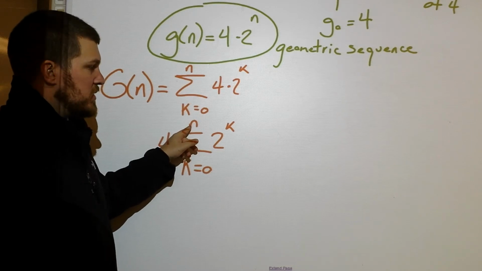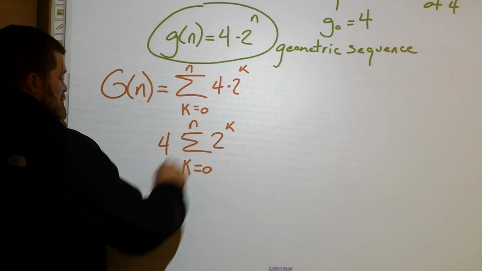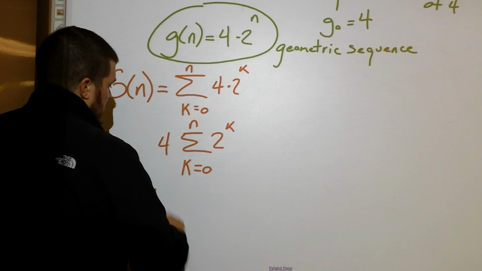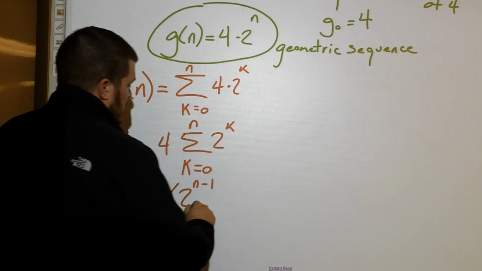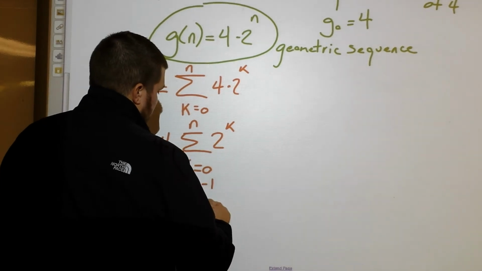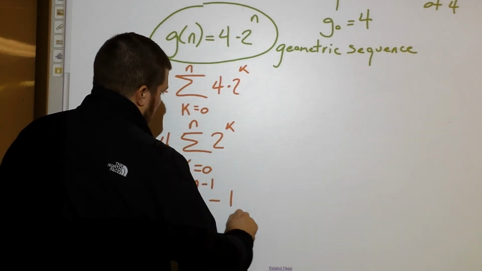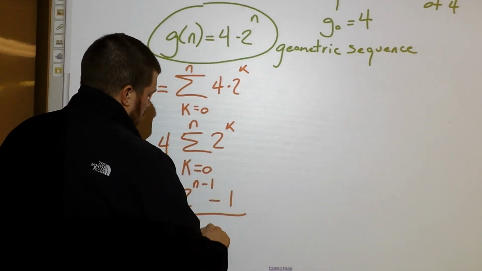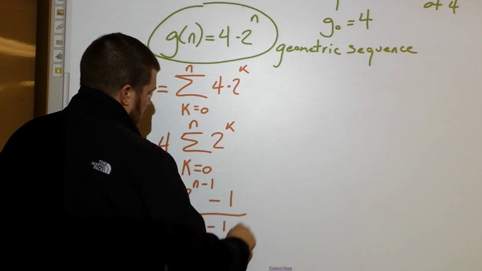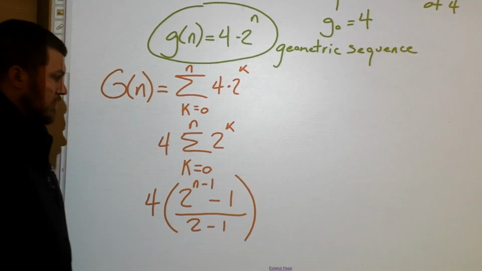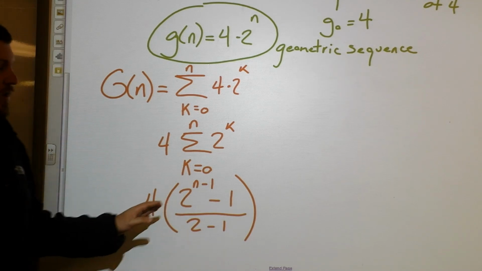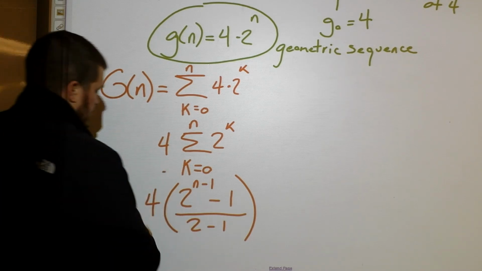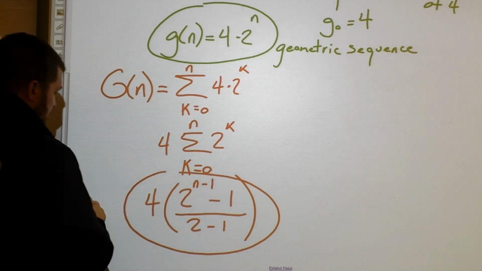Here we have an n on top. So this sum is going to become, the coefficient of 4 just comes down, 2 to the n minus 1, minus 1, divided by 2 minus 1. And that's our rule. Now, this is very hard to clean up, so I'm going to leave it alone. But this is g of n.